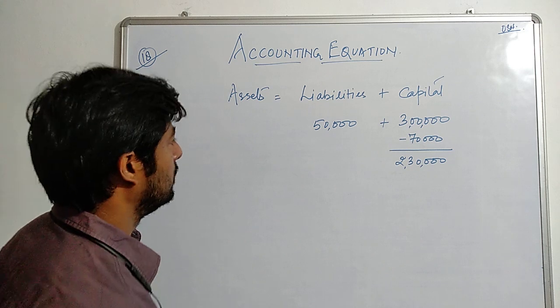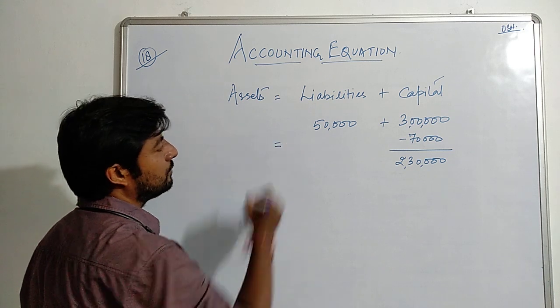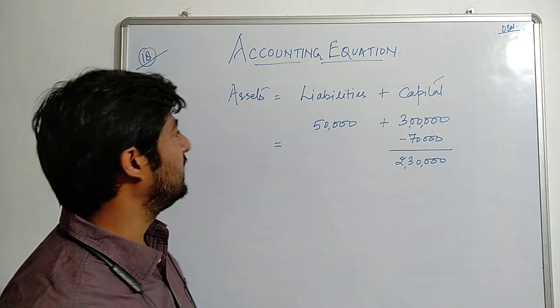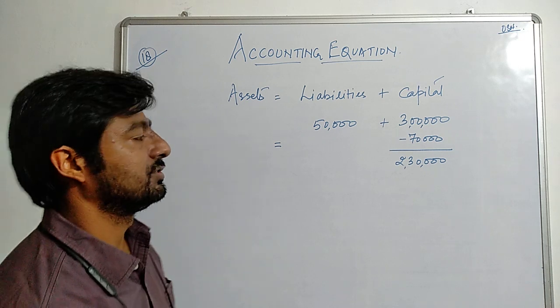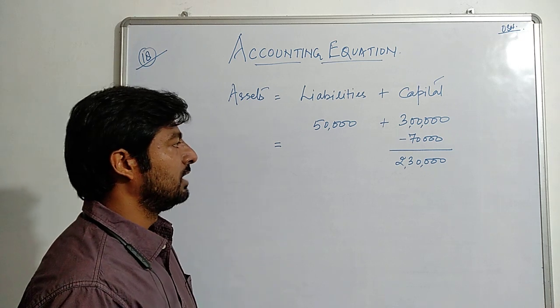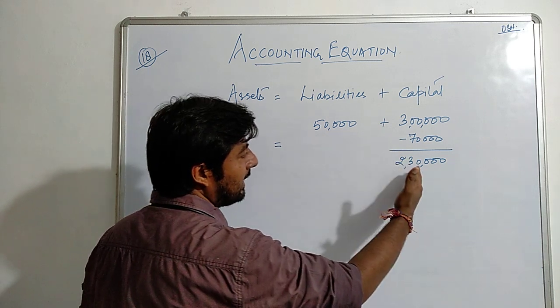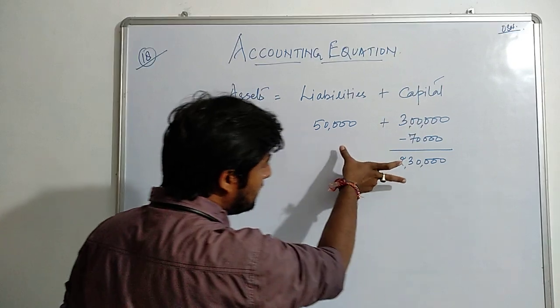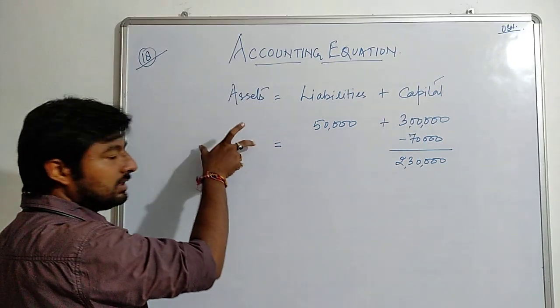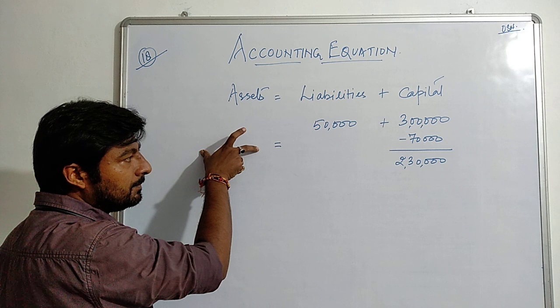Clear? Now, what is the requirement of the question? We have to find the total assets. If we add liabilities and capital, then this total is equal to the assets total.